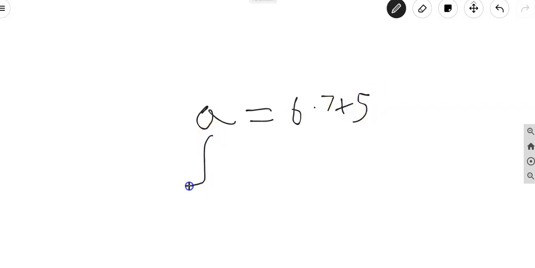And now B, what is that? It is equal to, let's say, A times 8.